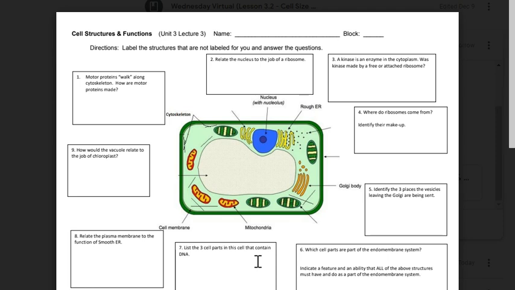It's evidence that their ancestors were once free-living bacteria. So which cell parts do we believe originated from bacteria? Oh, I'm sorry. I'm yelling at you all to answer, and my volume was down because of that video. So I'm sorry. What'd you guys say? Chloroplast and mitochondria. Thank you very much.